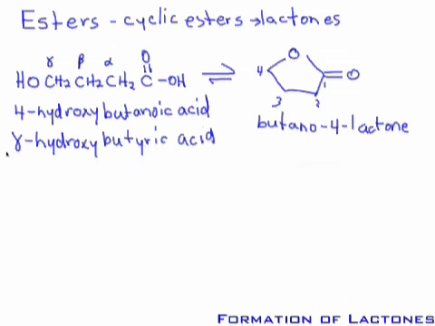Sometimes you also can name it in common nomenclature, drop the ic acid and add o-lactone. So this could be called gamma hydroxy. And what it's telling you is when you say butyrolactone, is that that hydroxy group is wrapped around to make the ester.